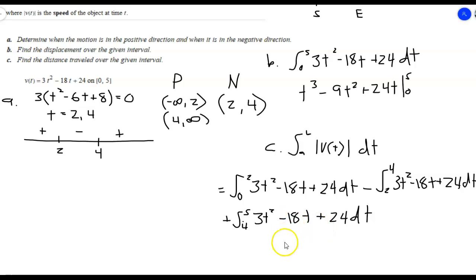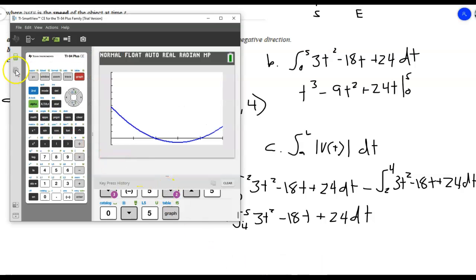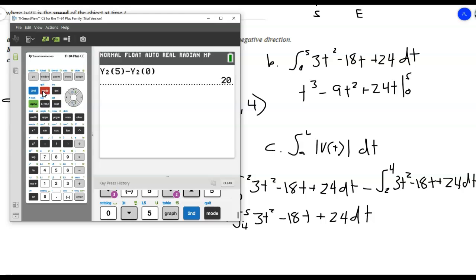So instead of doing all that math, let's go ahead, find these three areas separately in our calculator, and then we'll just add them together. So going up to calculator here. So the first one, we're going to do this just from 0 to 2.